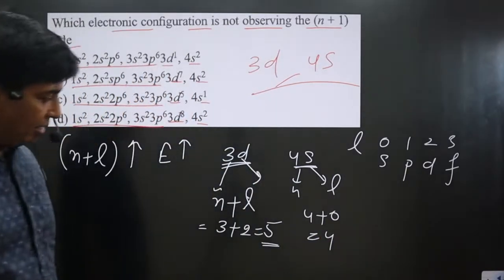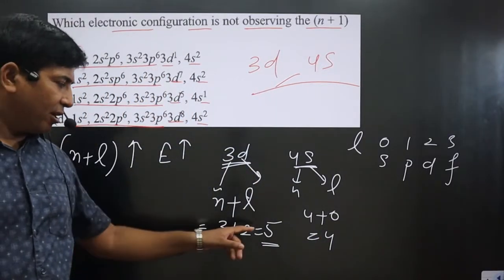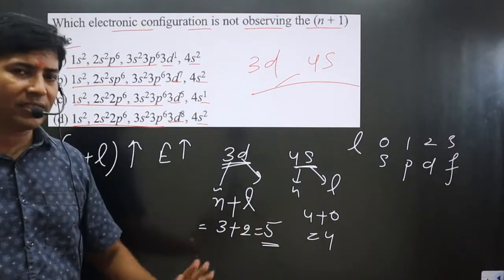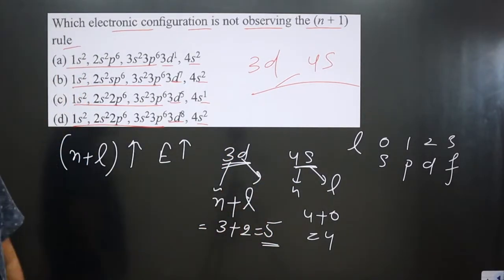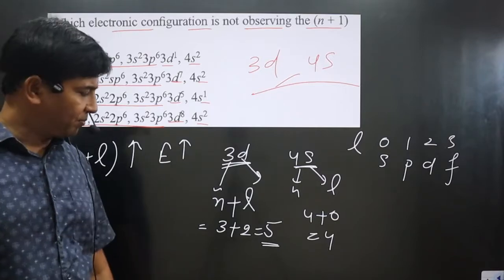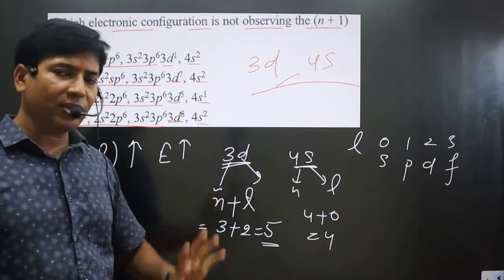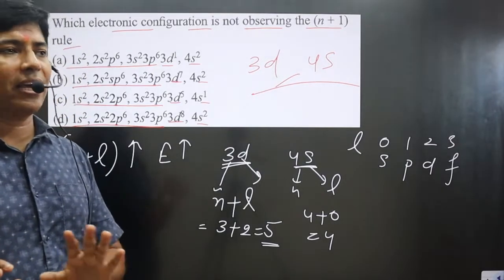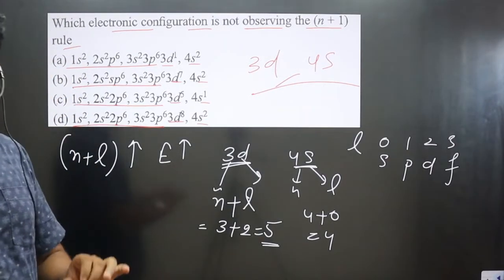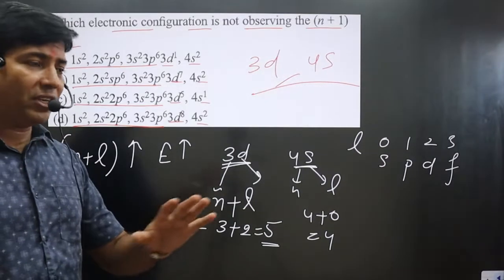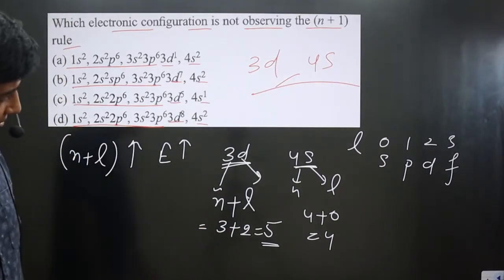Now if you compare, the n plus L value for the 3d orbital is higher than for 4s, which means the 3d orbital has higher energy than the 4s orbital. And what is the condition? According to Aufbau's principle, filling of lower energy orbitals must be done before filling of higher energy orbitals.